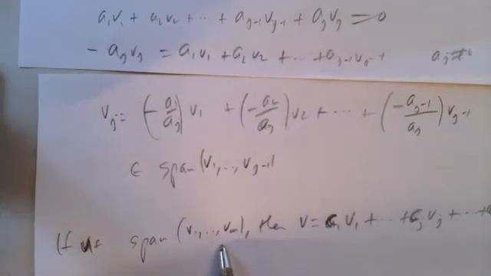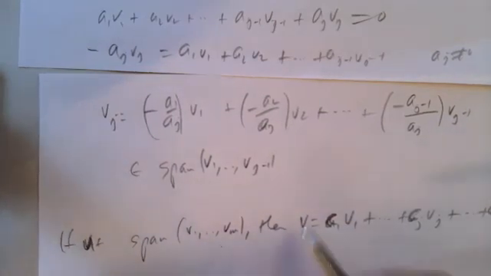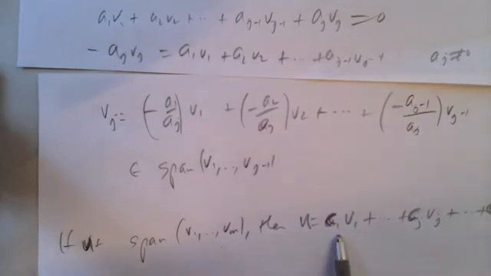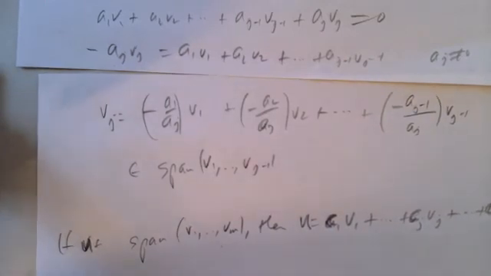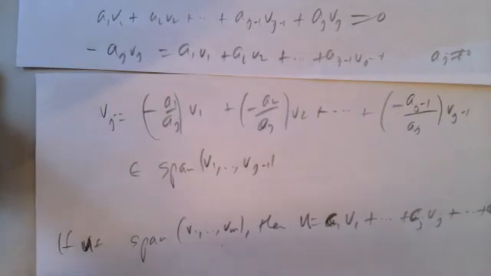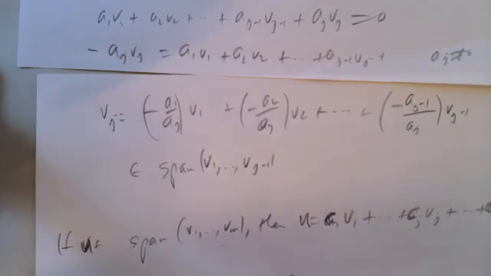So if U is in the span of V1 up to Vm, then U is some linear combination of V1 up to Vm. So U is C1 V1 up to C sub j minus 1 V sub j minus 1 plus C sub j V sub j.